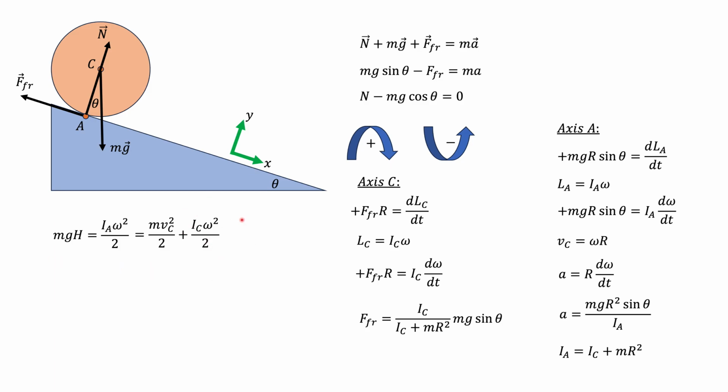Now, we apply a conservation of mechanical energy here. But you may be asking why. Because the real law relating total mechanical energy says that the change in total mechanical energy equals the work of non-conservative or non-potential forces.